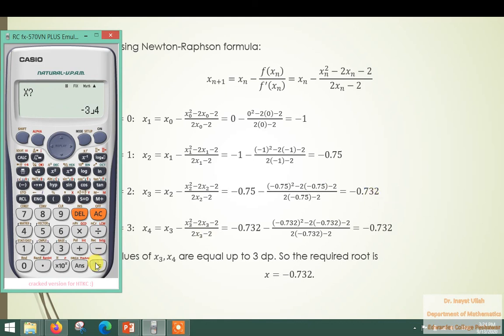Again equal, answer, equal, and this is minus 0.732. So you see these two values are equal to each other up to 3 decimal places, so the required root is this. This is how we use the calculator to deal with the Newton-Raphson technique.